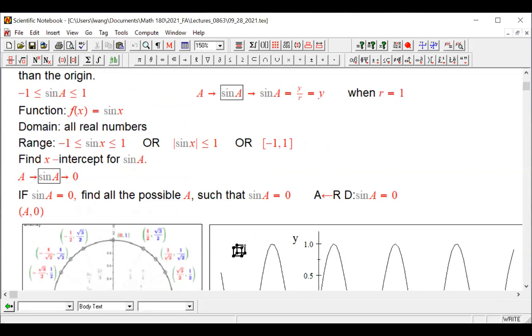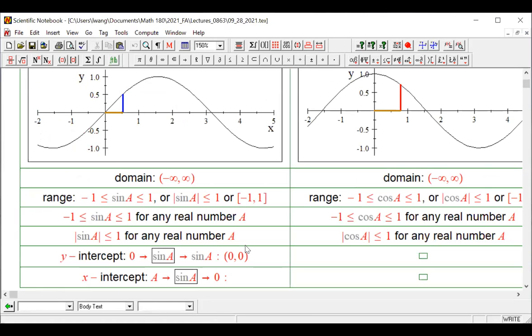Have we found the y-intercept and x-intercept? So the y-intercept for cosine is what? (0, 1). How about the x-intercept? We have many x-intercepts, right?